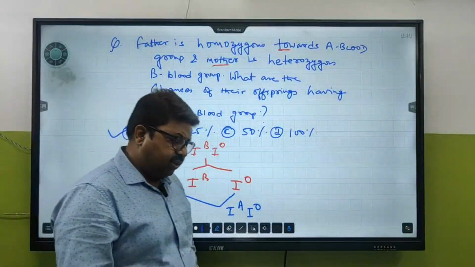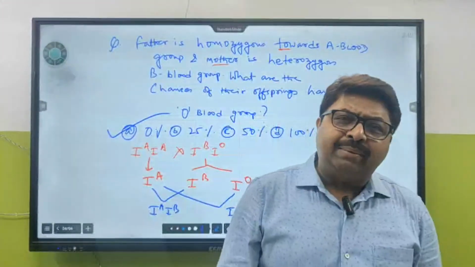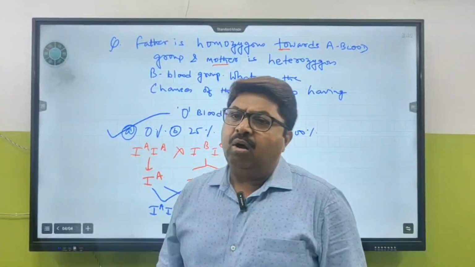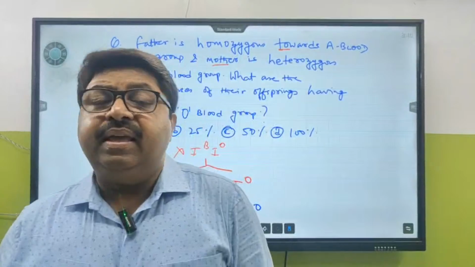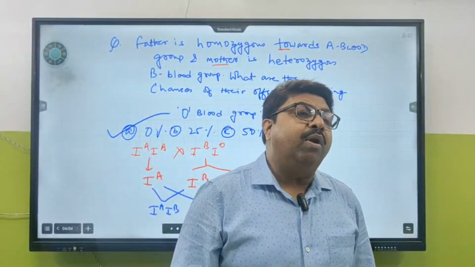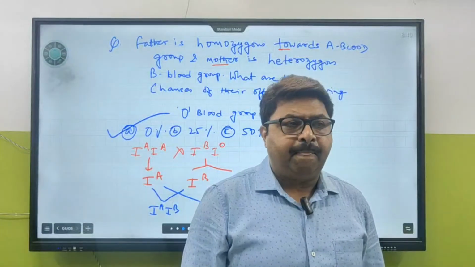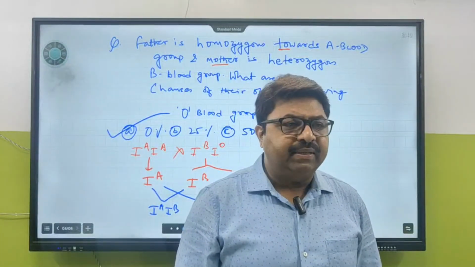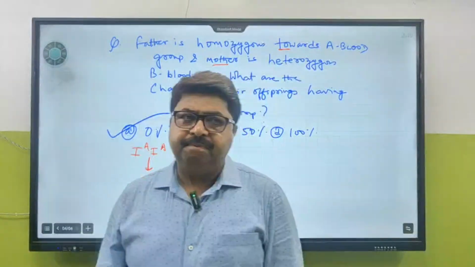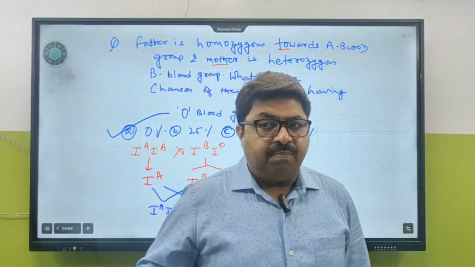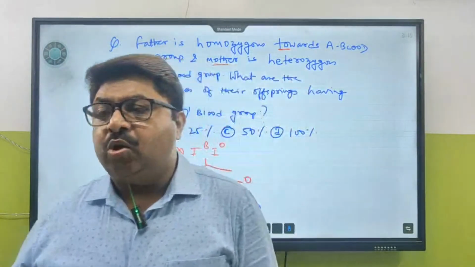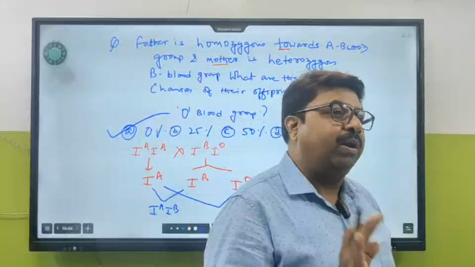Acha, Saksham, tell me, name the genotypes of the parents if they have 4 different blood groups in their offsprings. A couple has 4 children, and the four children have A, B, AB and O blood groups.